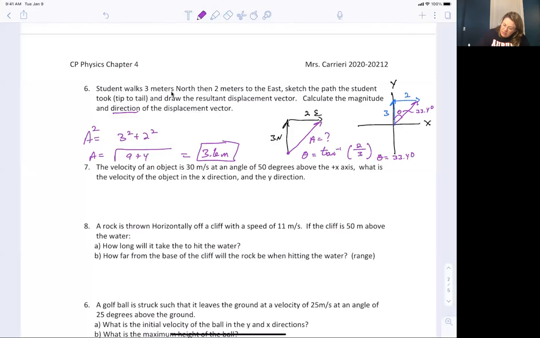So that is 33 degrees to the right of the positive y-axis. You could also tell me this angle, which would be 90 minus 33.4. So that angle is 56 degrees.